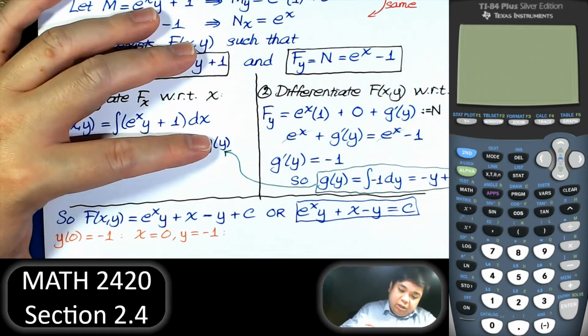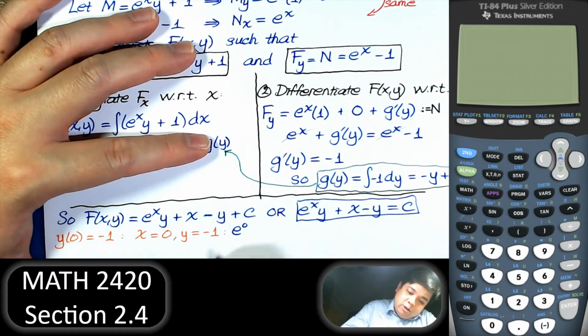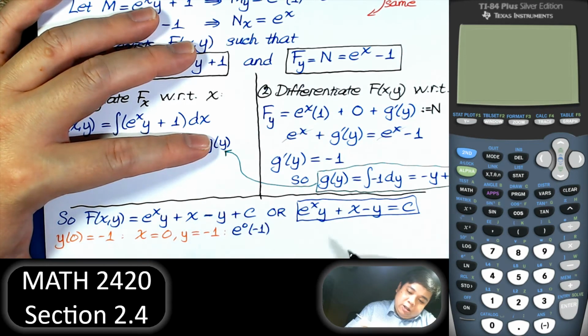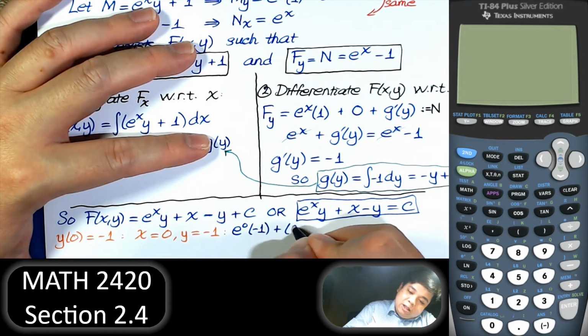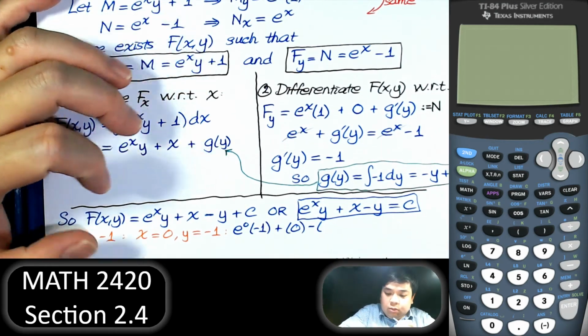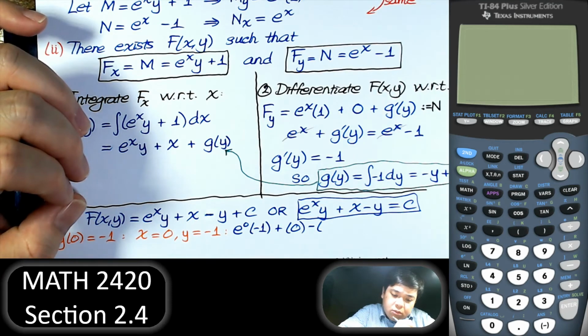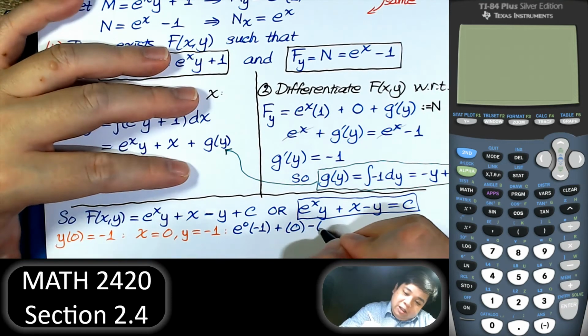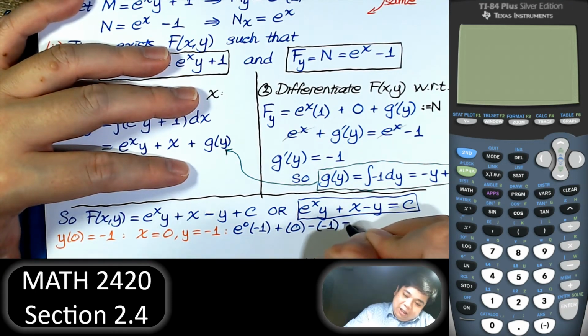Substitute into this equation: e to the 0 times negative 1 plus x minus y equal to c.